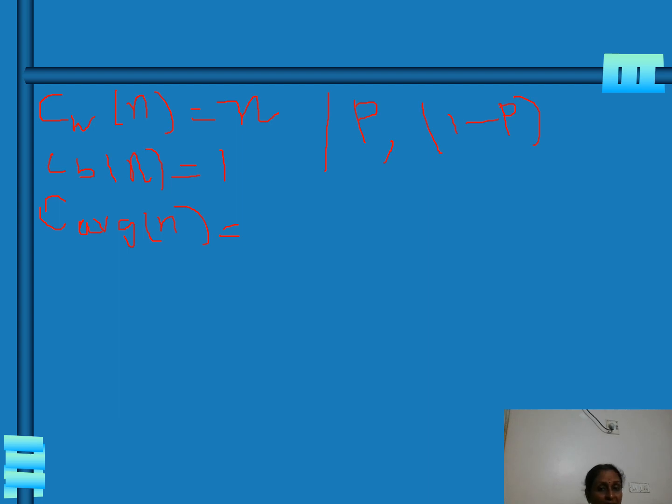And for the number of comparisons, average case efficiency means you have to check this for random input.